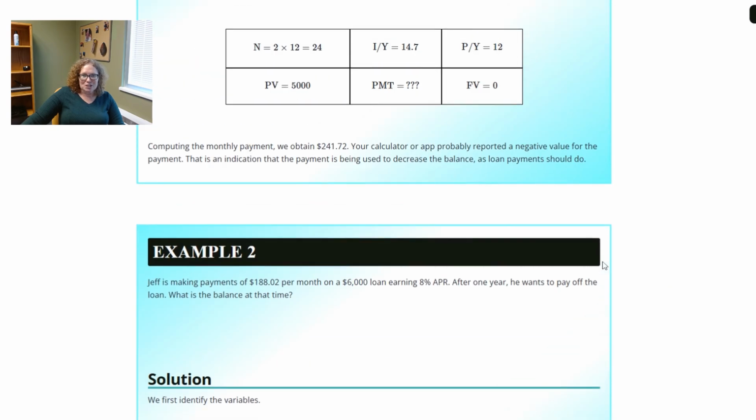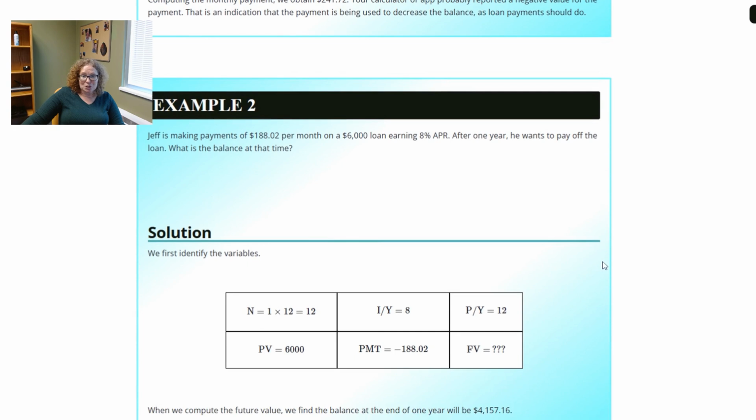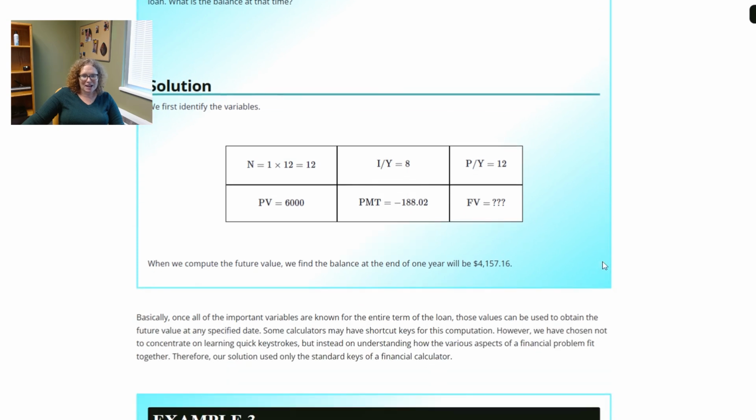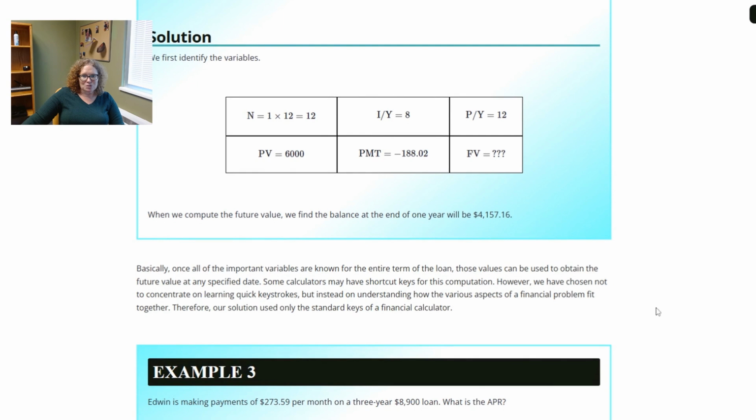In this one, you wanted to know the payment. In example 2, you don't know what the future value will be. He wants to know what the balance would be after that time period. And so we can plug in the numbers and find out the answers as well.